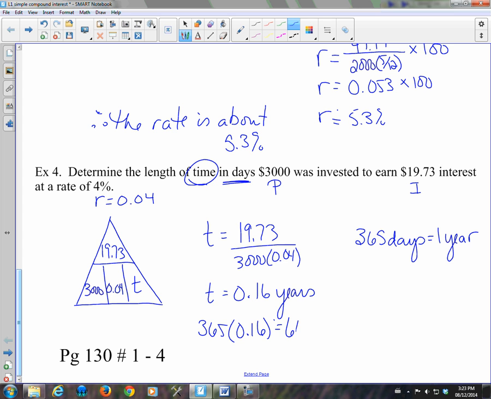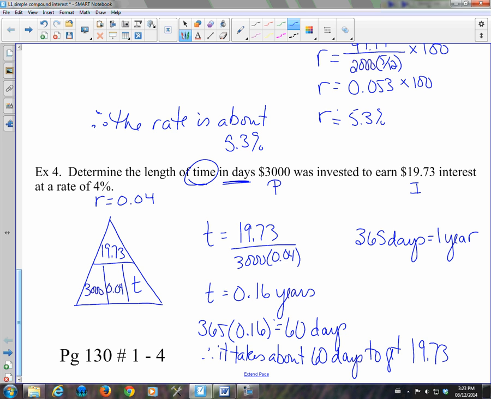So about 60 days. So therefore, it takes about 60 days to get $19.73 interest. All right, there's simple interest.